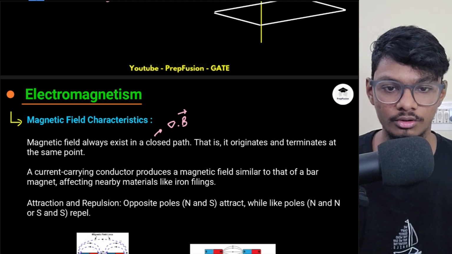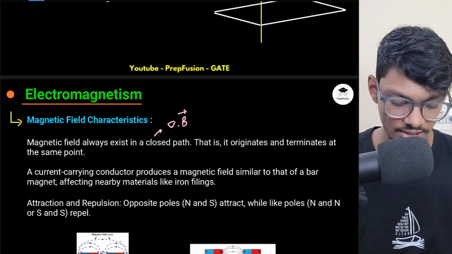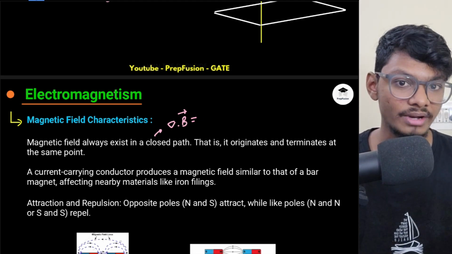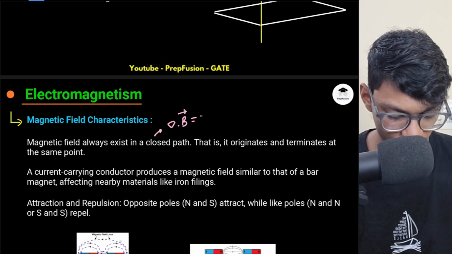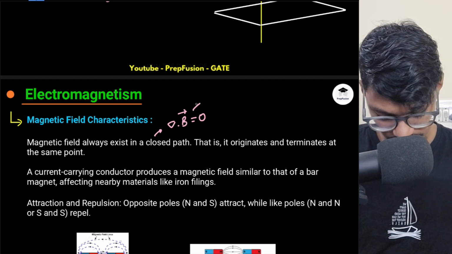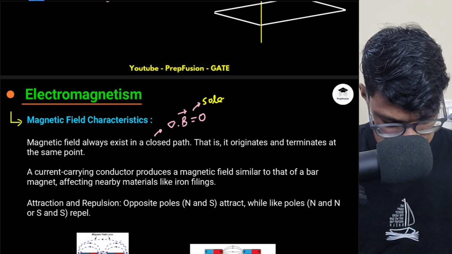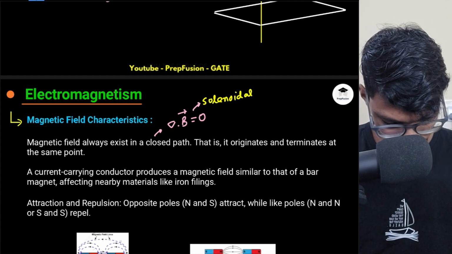Magnetic field is generally denoted with B. So del dot B, the divergence of the magnetic field, as it is solenoidal, will simply be 0. This will always be the case. That's why the magnetic field is called a solenoidal field.